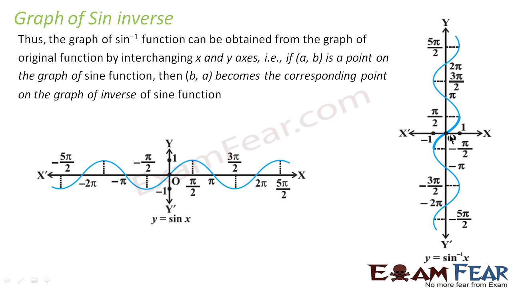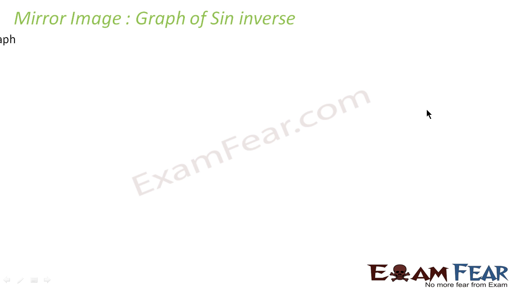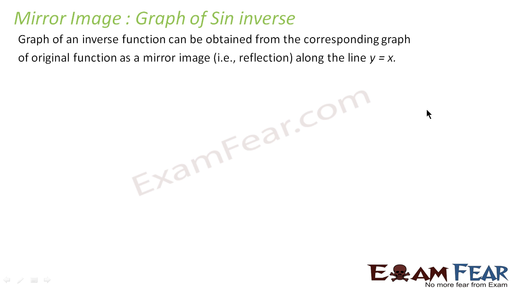We plotted the values, and we found this. By putting different values, minus pi by 2, pi and all, we got this graph. Now after plotting this graph, we observe that this is nothing but a mirror image of the sine graph along the y is equal to x line. So the graph of the inverse function is also obtained by getting the mirror image of the original graph along y is equal to x.